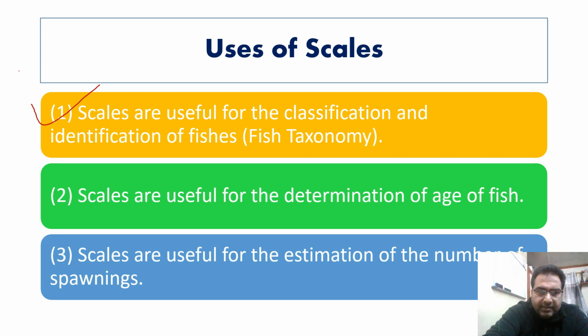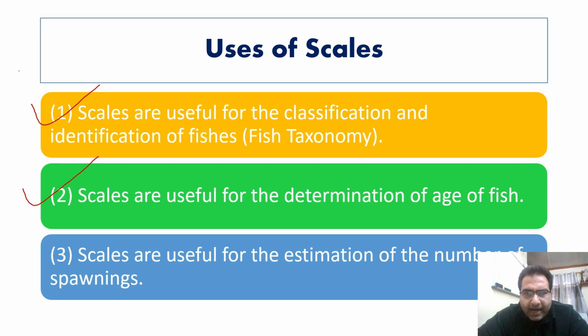The scales are useful for the determination of the age of the fish. There are seasonal fluctuations in the growth. In summer, when the food supplies are abundant, the fish grows rapidly and so do its scales. In winter, the growth slows down due to temperature dependent metabolic processes.